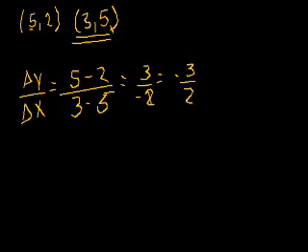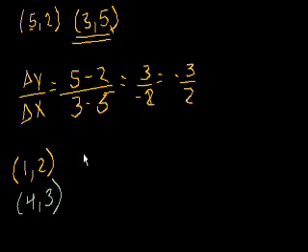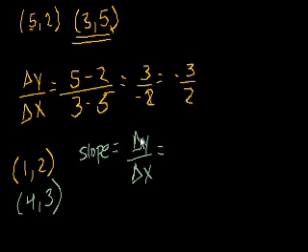Let's do another one. And this time I'm going to try to make it color-coded so it'll be more self-explanatory. Say it's (1, 2), that's the first point. And then the second point is (4, 3). So once again, slope is equal to change in y over change in x. We take the first y, we'll start here, and we'll call that y1.